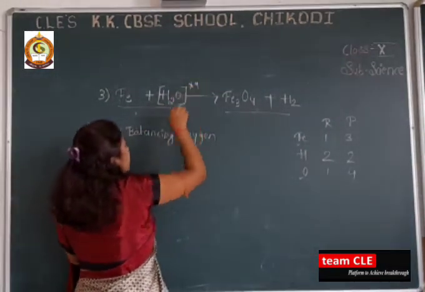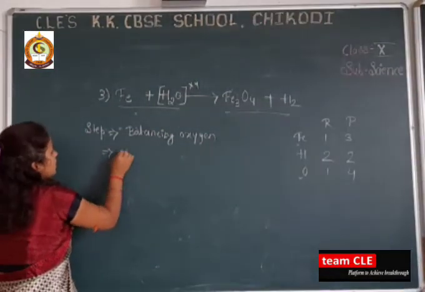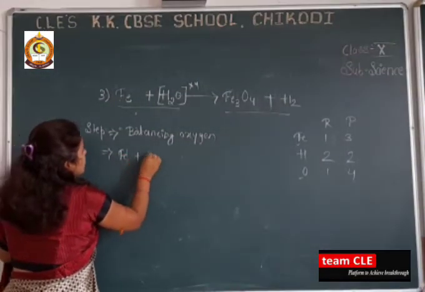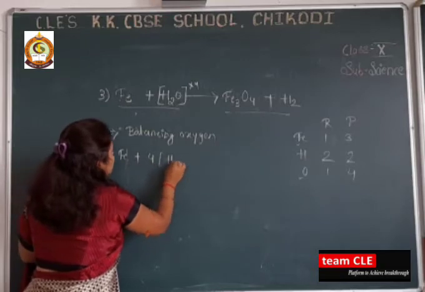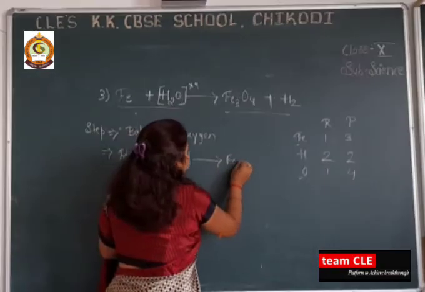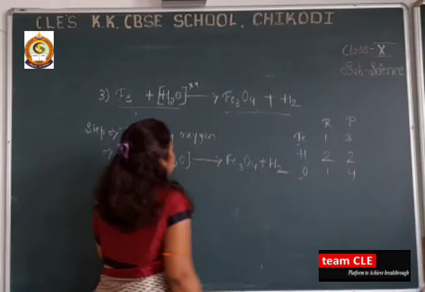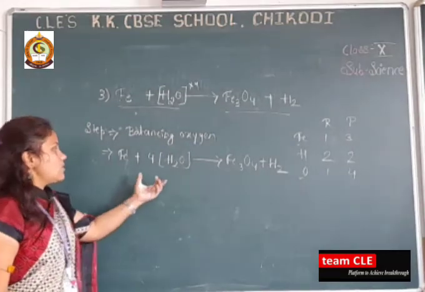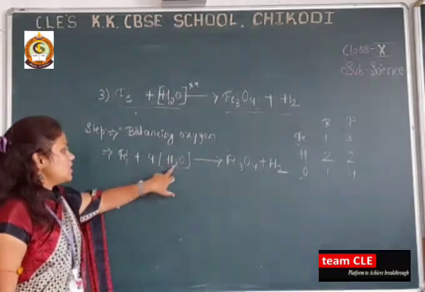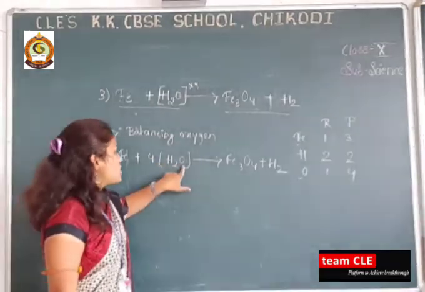Okay, let's start. So here iron plus 4 into H2O gives Fe3O4 plus hydrogen.